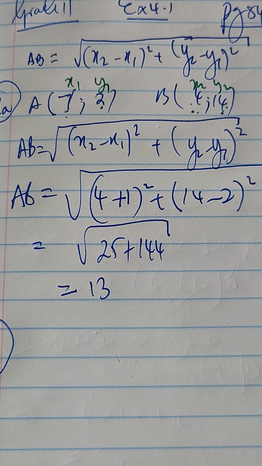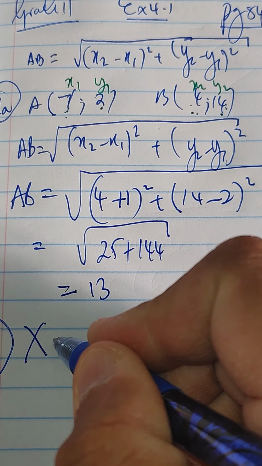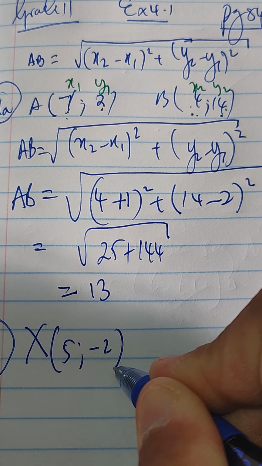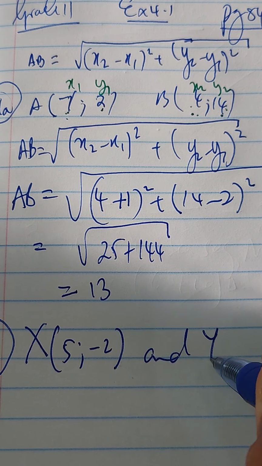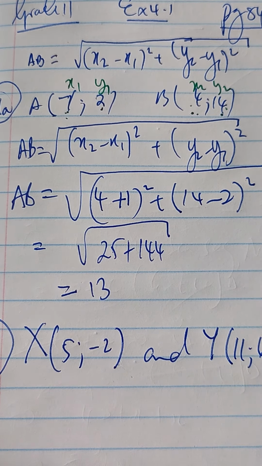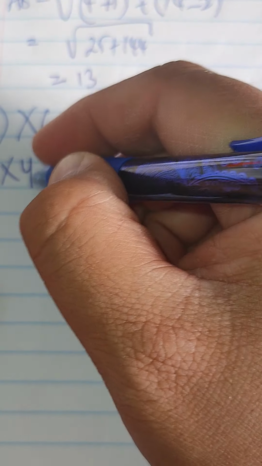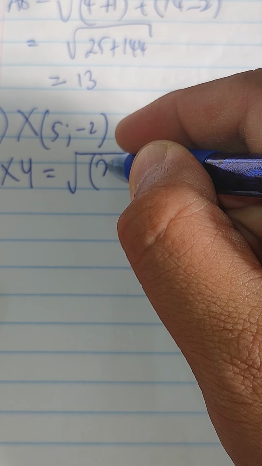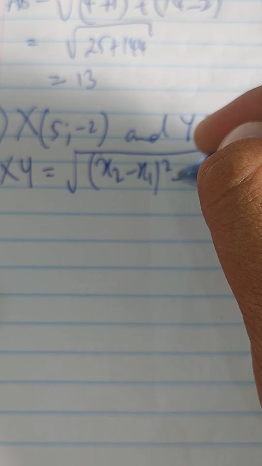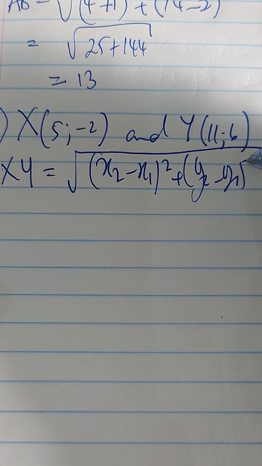Okay, in 1c we are given x to be 5 and negative 2 and y to be 11 and 6. So again the distance formula is the square root of x2 minus x1 squared plus y2 minus y1 squared.